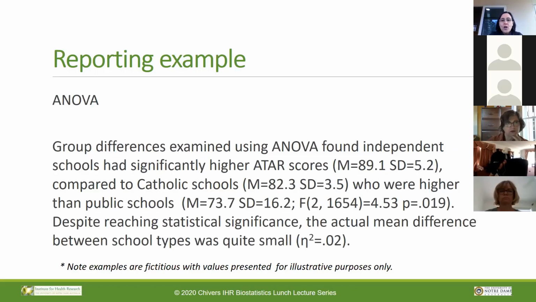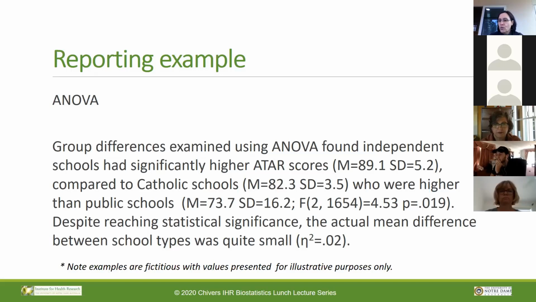If we have a look at an ANOVA result, this is where we're looking at school types. For this example, group differences examined using ANOVA found independent schools had significantly higher IHR scores compared to Catholic schools who are higher than public schools. So in this example, I've shown you that there's a significant effect between groups.